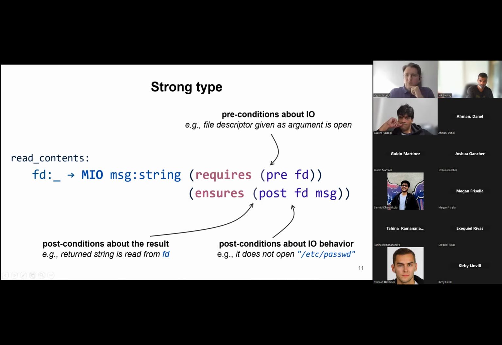But for the post condition that it doesn't open the password file, we have to prevent this. And this would be our access control policy that the reference monitor enforces on this code on each IO operation, to prevent read contents from opening this file.